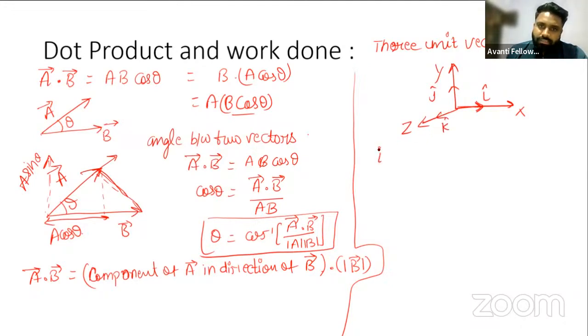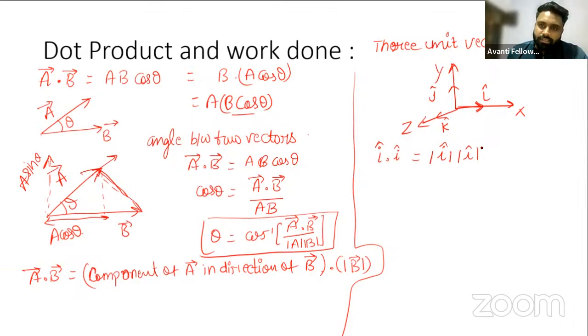Now you can see here that if you take the dot product of i vector with i, you have magnitude of i cap multiplied by magnitude of i cap into cos of theta, the angle between them. What is the angle between i cap and i cap?